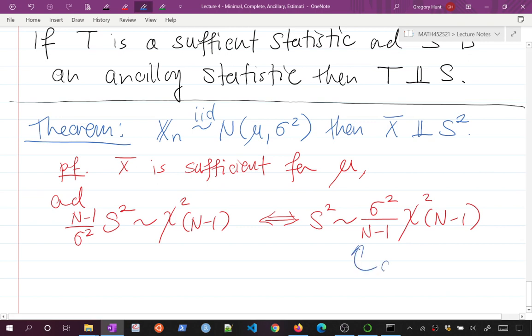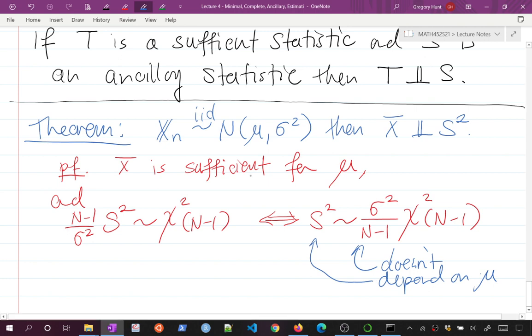And if we notice that this doesn't depend on mu, in fact, neither side of that depends on mu. So S squared does not have mu in its formula, and its distribution has no dependence on mu. It depends on sigma squared and the sample size, but it has no dependence on mu.